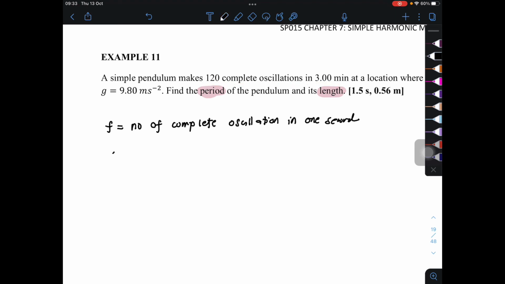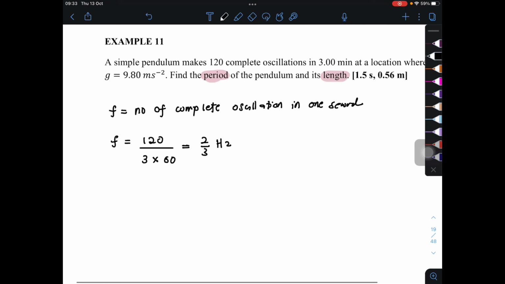So frequency will be equal to 120 divided by, we convert to seconds, 3 minutes, which is equivalent to 180 second. So we get 2 over 3 Hz. From here we can find the period, which is 1 over f, equals 1 over 2 over 3, which is equal to 1.5 second.